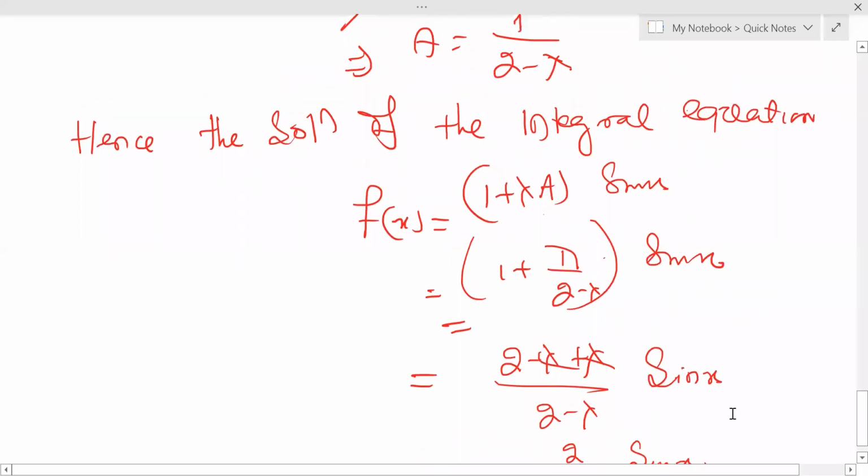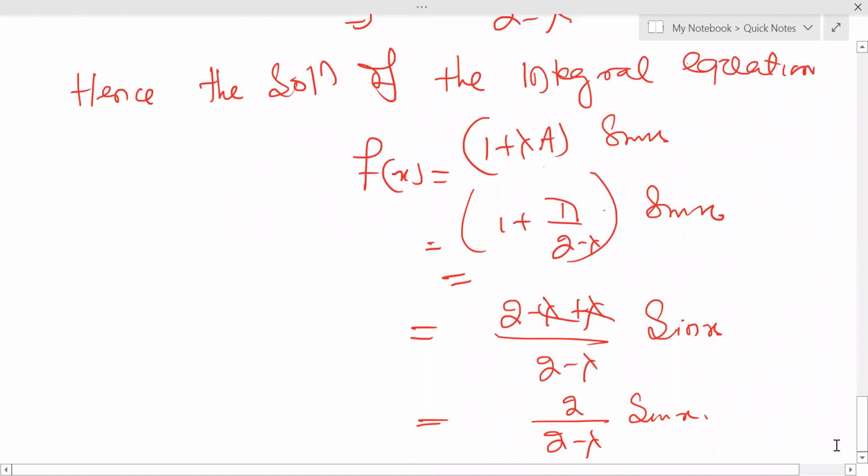That is f(x). Now this is our solution of this problem.